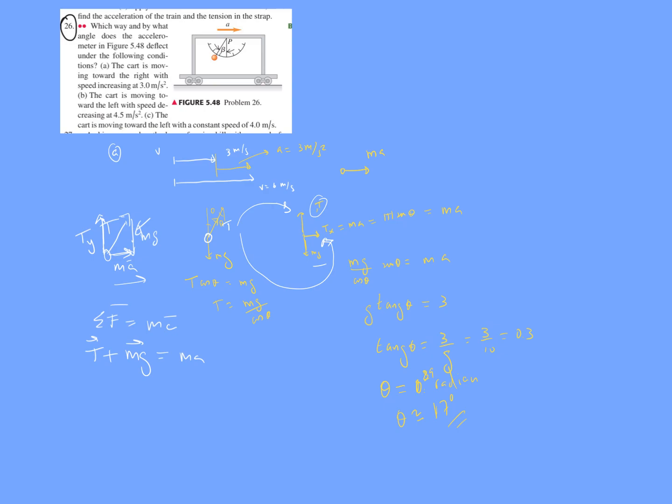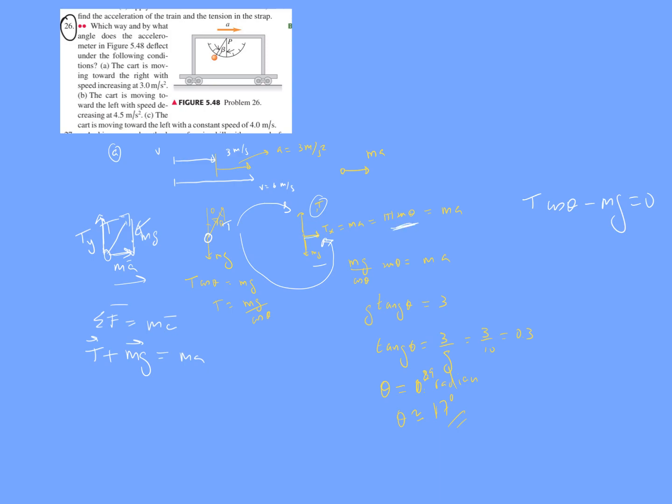So the equation for the y-axis will be: T in the direction of y is T cosine of theta minus mg equals 0. And the T in the direction of the x is T sine of theta.